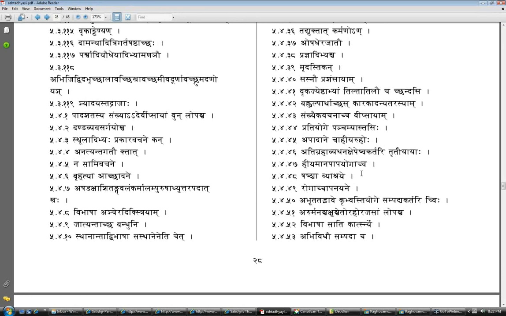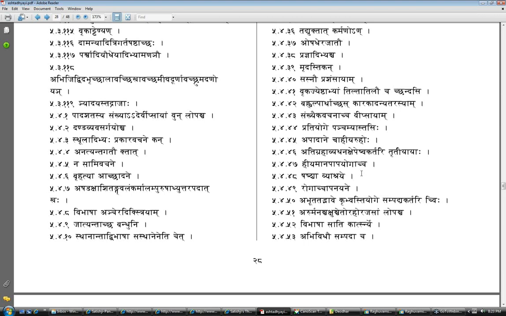So when a state which was not there is now being created, then only if you are going to use Kru, Bhu, or As in any form, either in a verbal form or participle form, can the Pratyaya Chvi be used.